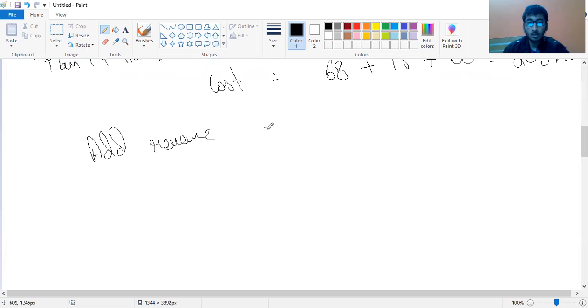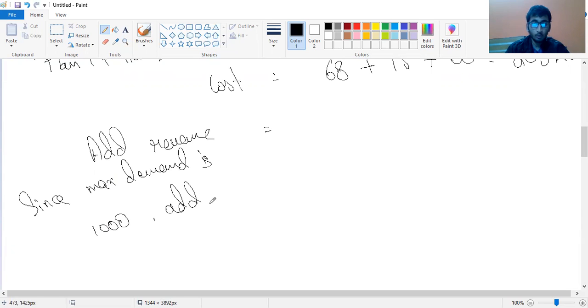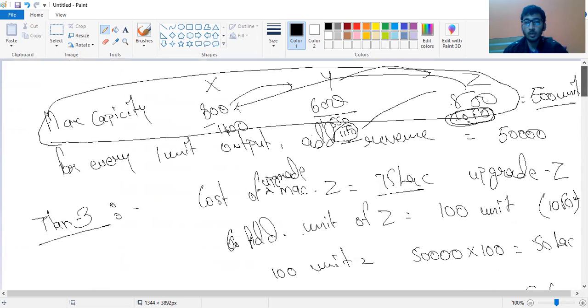So I can say since maximum demand is 1000, how many additional units would there be? I can say 500 only, because if you do not adopt any plan, you can produce a maximum of 500 units.